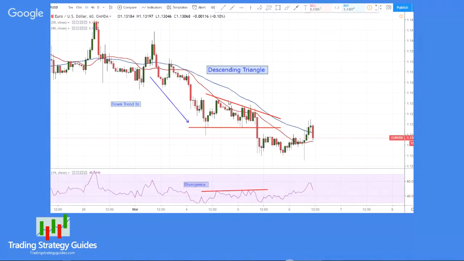Plus, the support level here is a little bit iffy because we had this hard push through it and then only a couple of points. So this is an example of one you might want to think twice about. Like I say, you're not looking for perfection. You're looking for the appearance of this pattern.